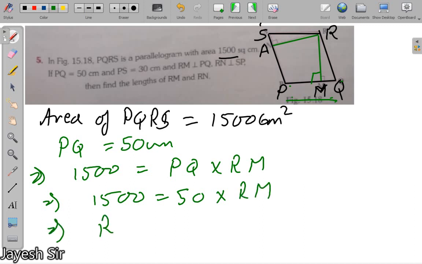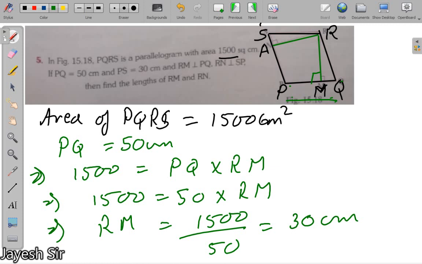So value of RM will be equal to 1500 upon 50, that is 30 centimeter. In the same manner, you also have the value of PS as 30 centimeter, and using the same funda you can determine the value of RA.